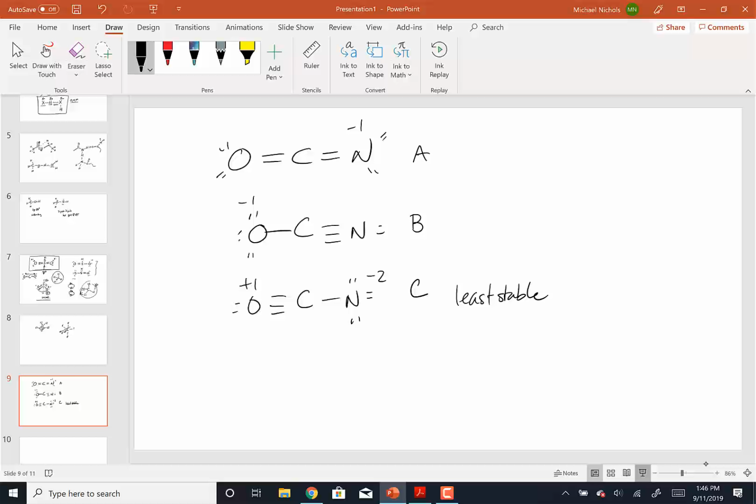So A is A, B is B. I suppose you could have C, meaning they're the same, but they're not going to be the same. So that's either A or B. Which one is the most stable?